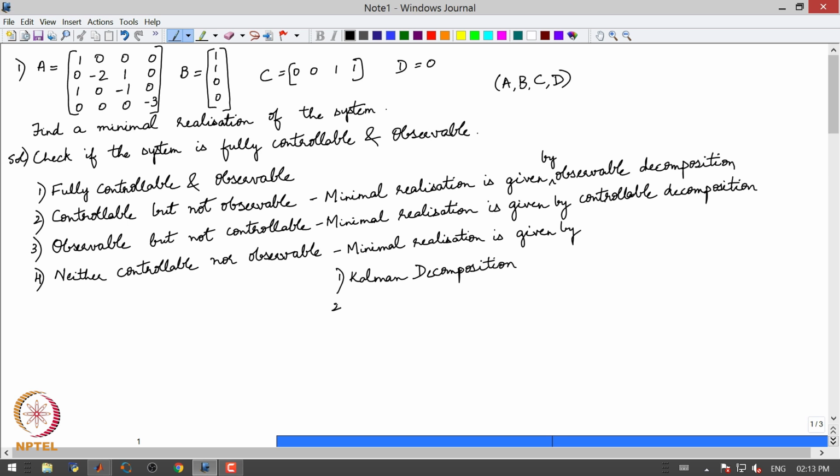So, we have an alternate way of doing controllable decomposition plus observable decomposition. So, we will do one after the other.